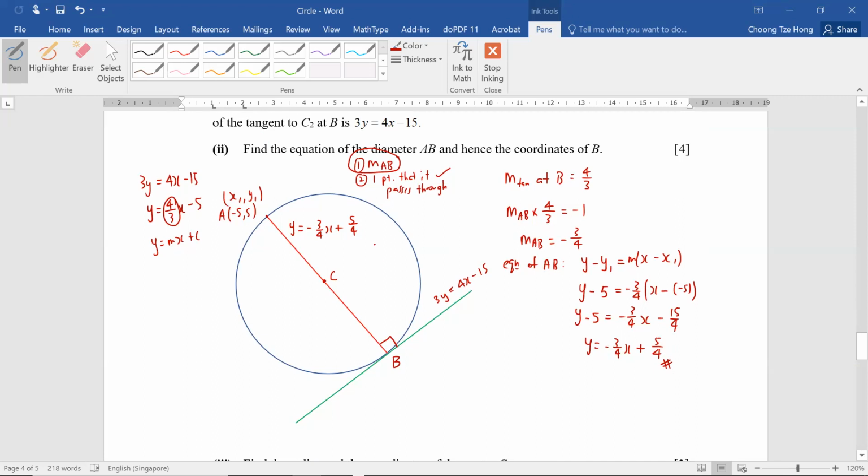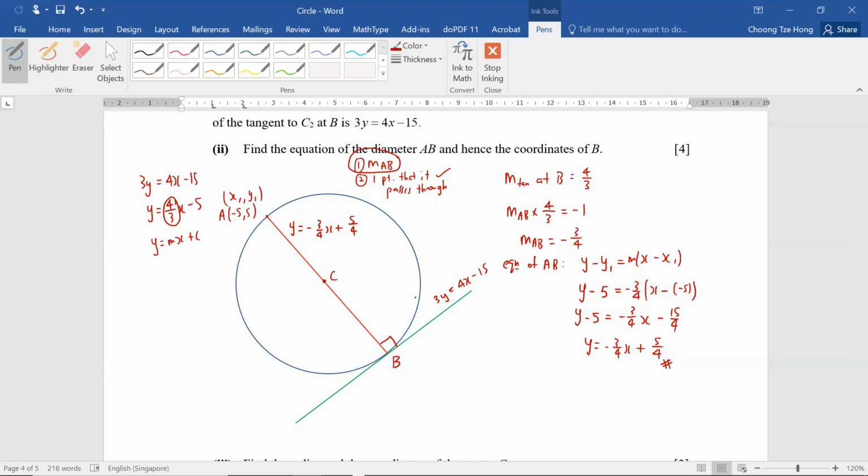Now they want us to find the coordinates of B. B lies on the line AB and also lies on the tangent. Whenever you want to find a point that lies on two lines, it's basically finding the intersection point of those two lines. So the moment you come across the words intersection point, what should come to mind? Yes, to solve simultaneous equations.